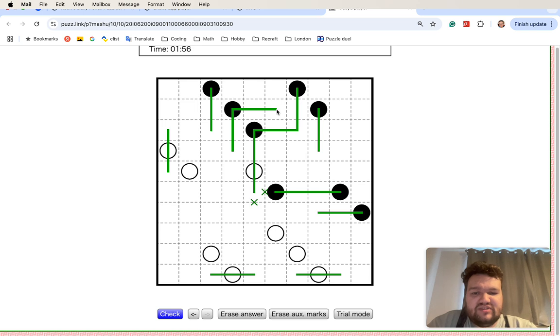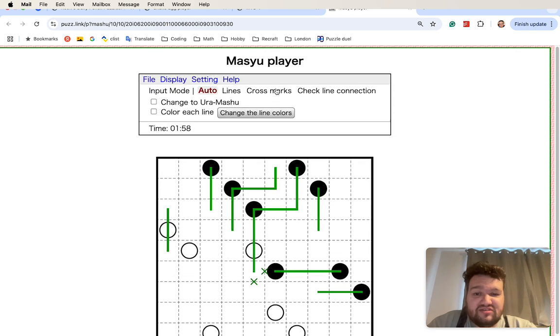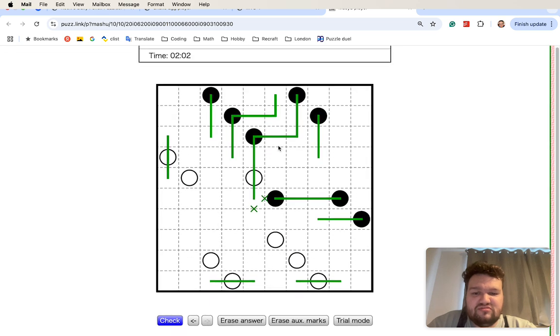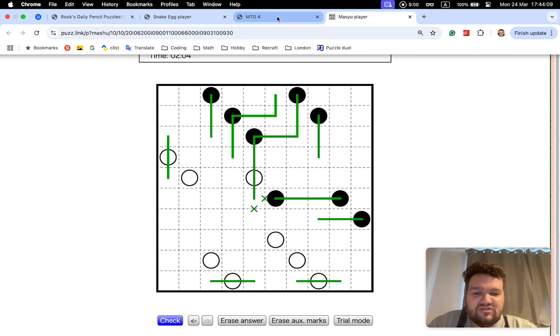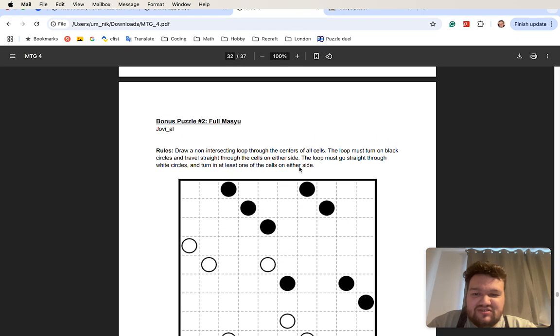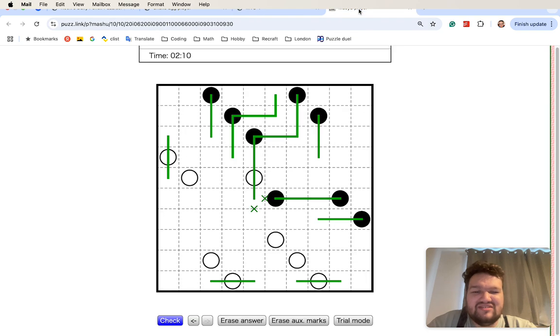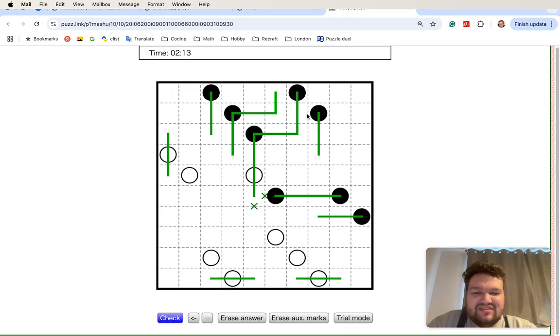And I should also remember that it is a full Masyu puzzle, actually, right? So far I didn't use that it's full, through the center of all cells. Well, we can see if it is solvable without saying that it's full. We cannot go left, so we must go right here, go right here.